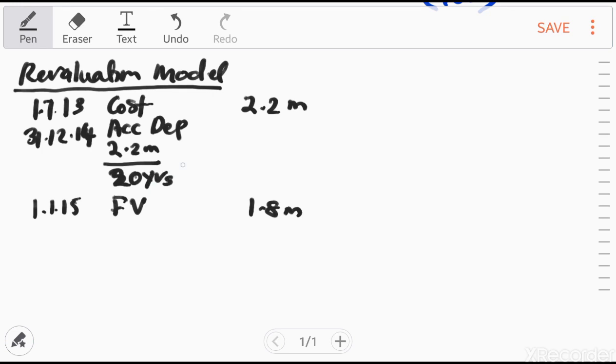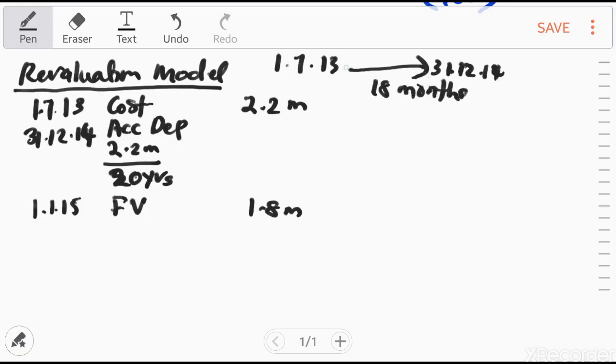And from 1st of July until 31st of December 14, this is actually 18 months. So I will multiply with 18 divided by 12. So that will give your accumulated depreciation, and that is 0.165 million or 165,000.